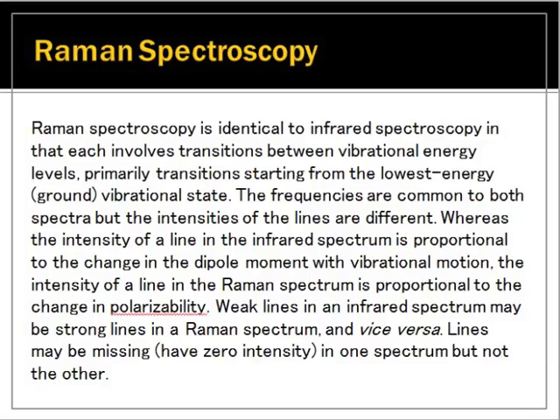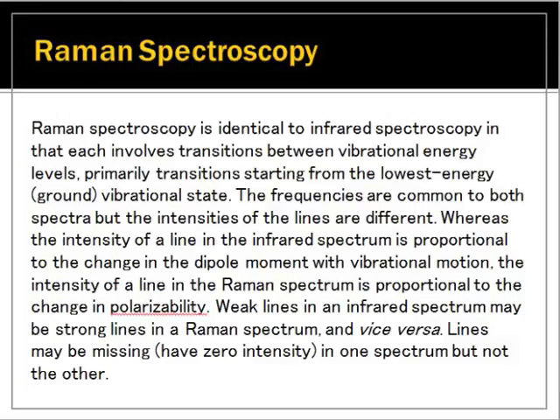Now, if I go to Raman, it is exactly the same with regard to frequency. The frequency and infrared are the same. A Raman spectrum, because of different intensity rules, will make some lines bigger than they are in an infrared spectrum and vice versa. That's one of the reasons it's valuable, in that it's complementary.